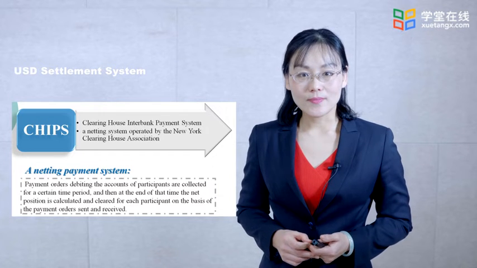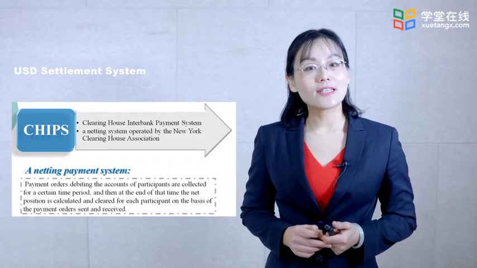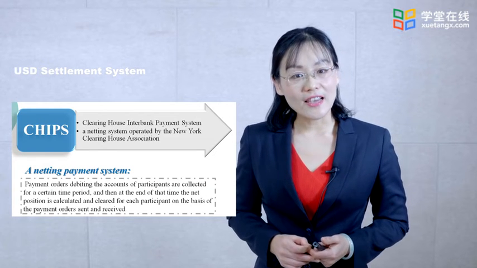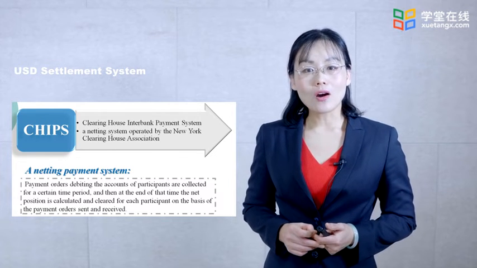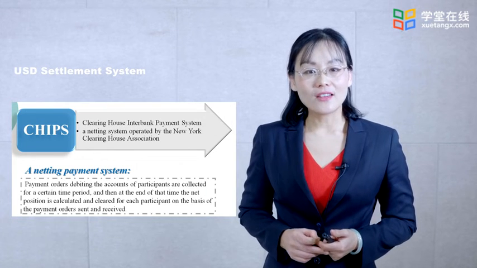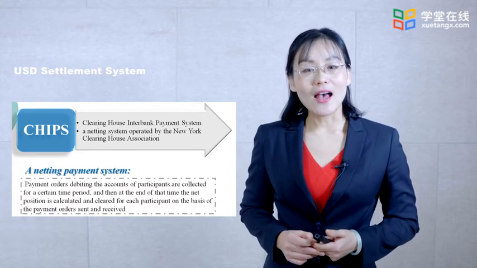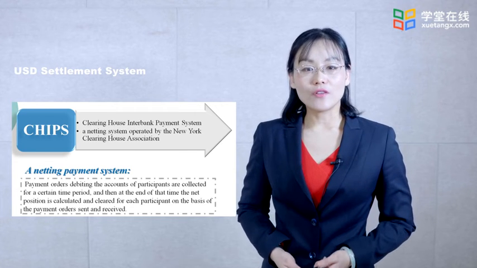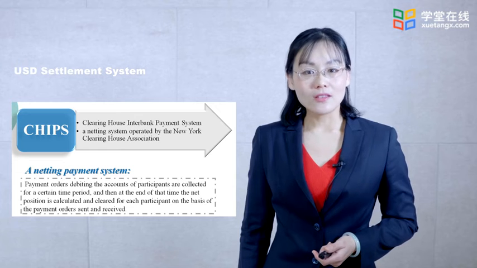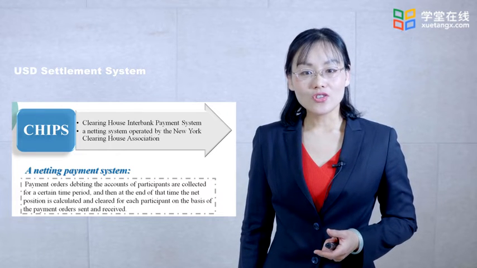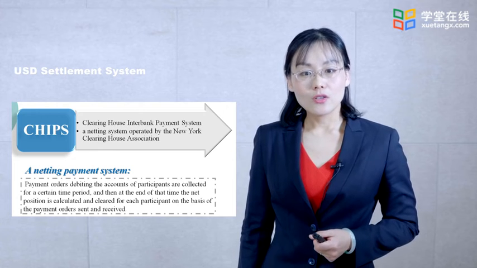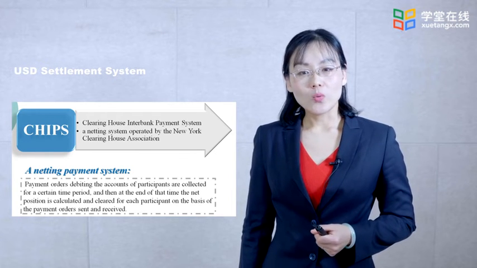Settlement banks are the largest New York City banks. At the end of the day, CHIPS reports to the Federal Reserve Bank of New York the net amount to debit and credit at each of the settlement banks. Non-settlement banks use the large settlement banks as correspondents to settle their accounts with CHIPS.